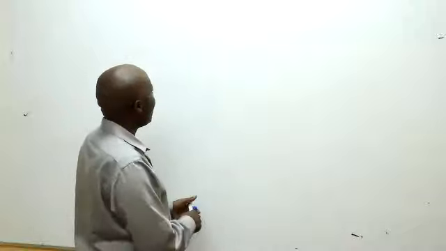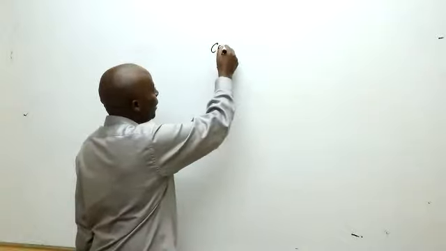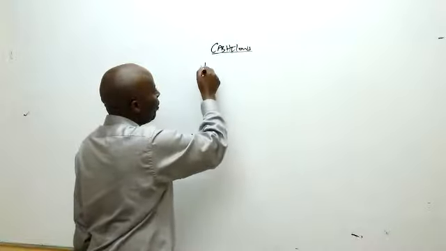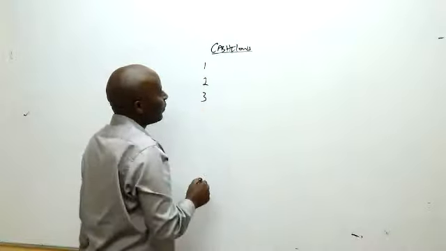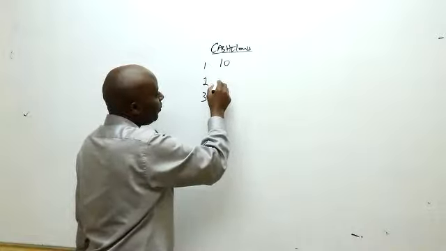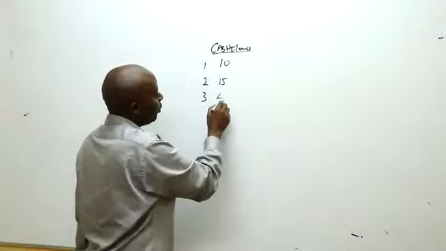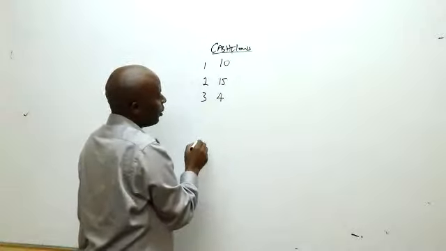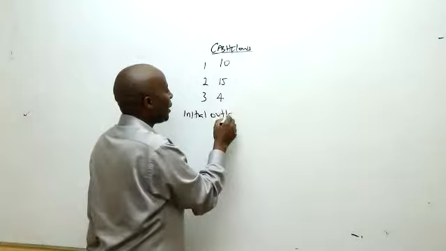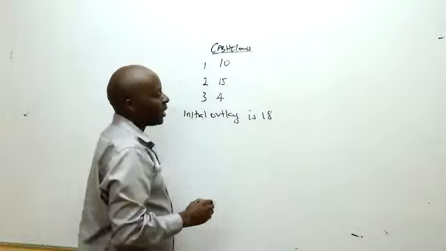Say the examiner gives you cash flows: year 1 is 10, year 2 is 15, year 3 is 4, and the initial outlay is Kenya shillings 18.